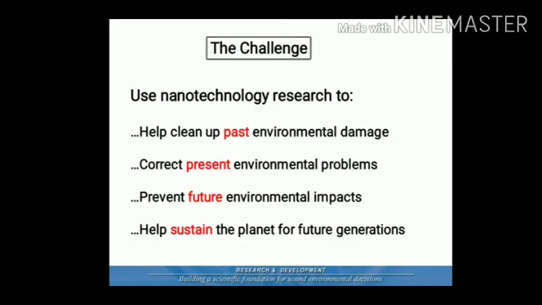The challenge of the use of nanotechnology research is to the past, present, future, and sustain. For the past, help clean up past environmental damage. For present, correct present environmental problems, prevent future environmental impacts, and help sustain the planet for future generations.